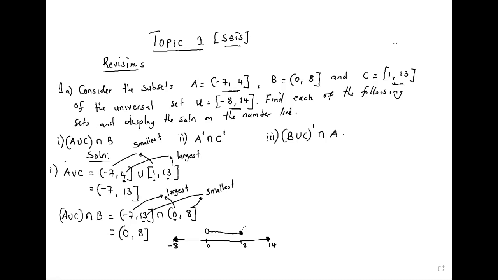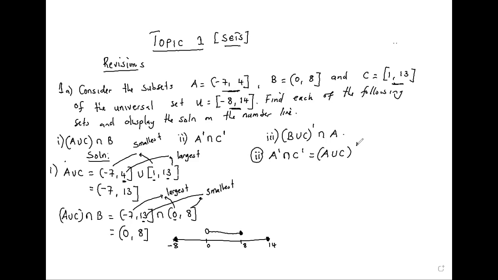So A complement intersection C complement. Here, you can choose to get A complement and to get C complement, or use De Morgan's law. De Morgan's law says this is the same thing as A union C complement. Meaning, I will have to get A union C. After that, I pick the complement.